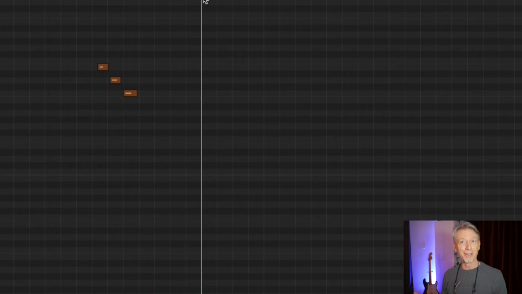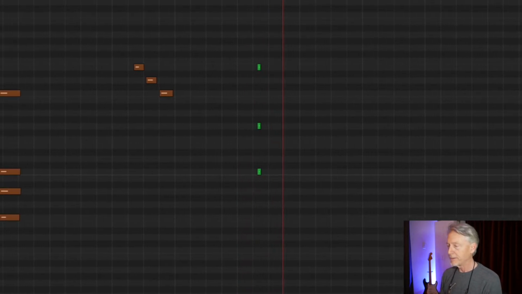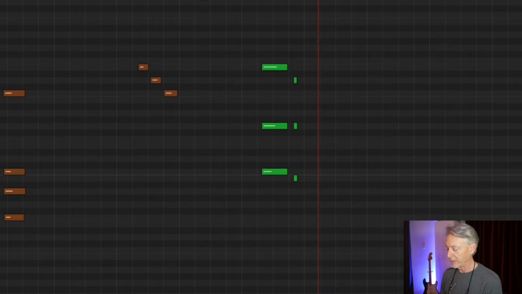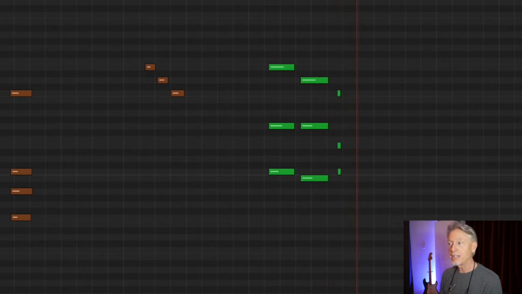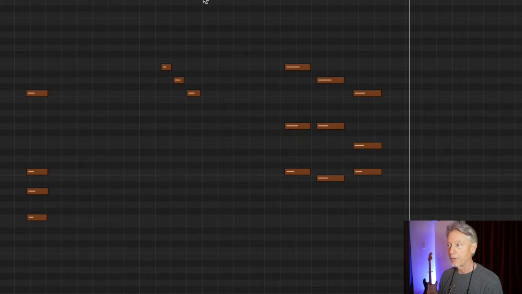Continuing, let's just take a little inventory. My first solution is going to be, let's record it, C, G, C, 3 Blind Mice. Third of the chord, fifth of the chord, root of the chord, 2 chords.